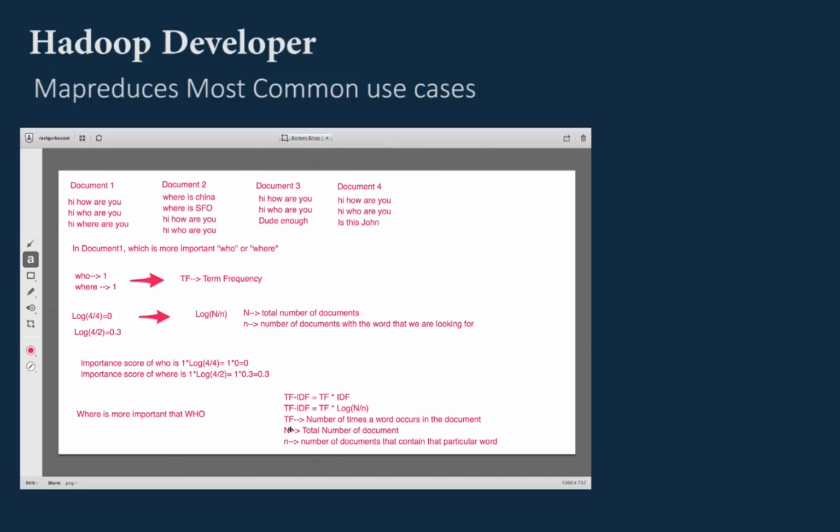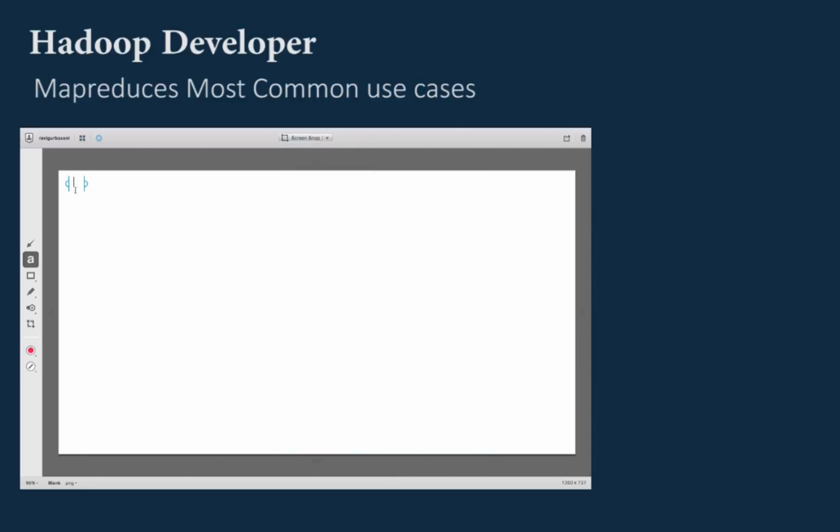Now let's talk about how you really achieve this in Mapreduce. This is what we are trying to achieve. Actually, what we would need is 3 Mapreduce programs. In job 1, we will compute TF, that is term frequency.